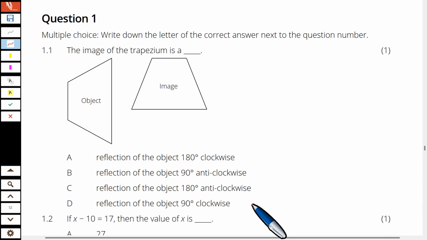Reflection of the object 180 degrees, reflection of the object 90 degrees anticlockwise, etc. C, reflection of the object 180 degrees anticlockwise, reflection of the object 90 degrees clockwise. Okay, so we are looking at this one here, and we're trying to make sense of these together.